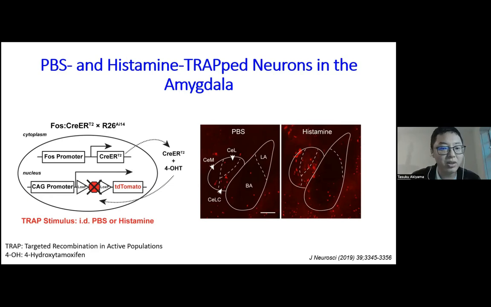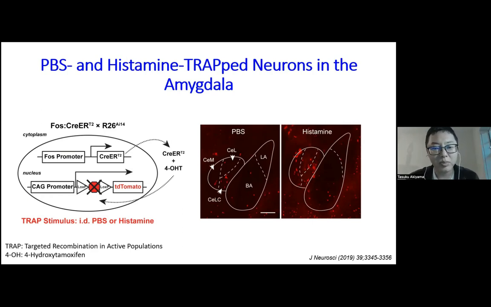To get into the nucleus, CreERT2 requires tamoxifen. Here we use 4-hydroxytamoxifen. This is the metabolite of tamoxifen. So CreERT2 can only get into the nucleus when the 4-hydroxytamoxifen exists. So that's the reason for the time window when the 4-hydroxytamoxifen exists, only then can Cre get into the nucleus.